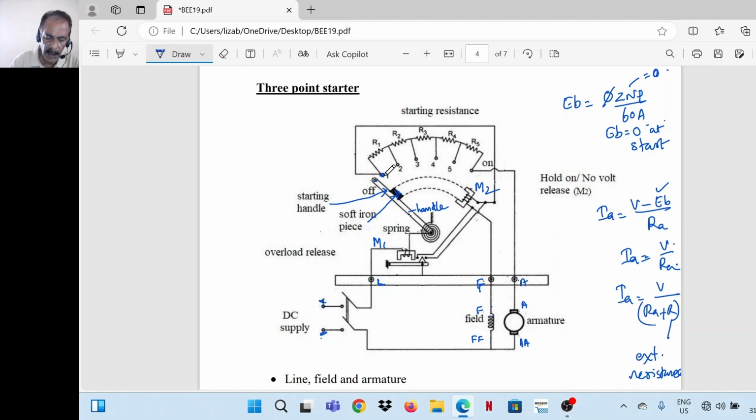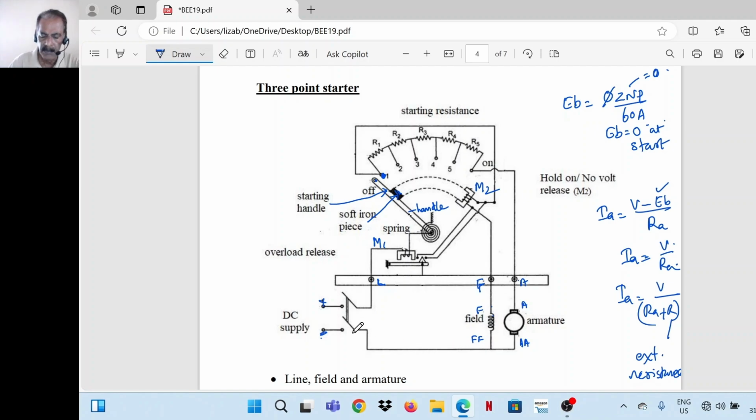Now, suppose you are starting the motor, the handle makes contact with the stud number 1. As I told you, through all these resistances, current passes through the armature and direct connection is made to the field.